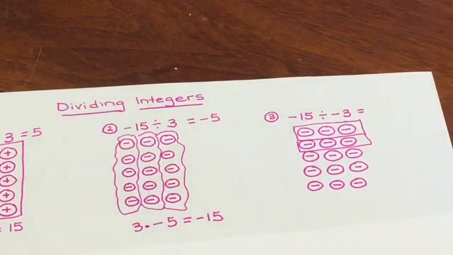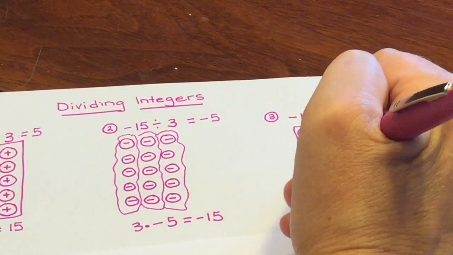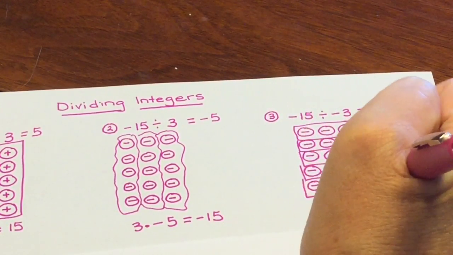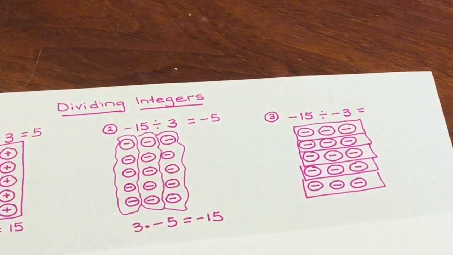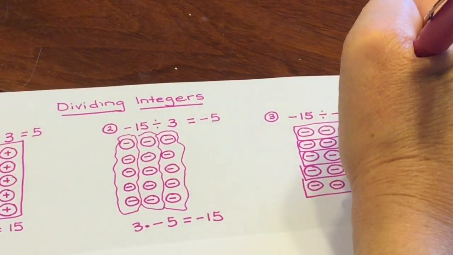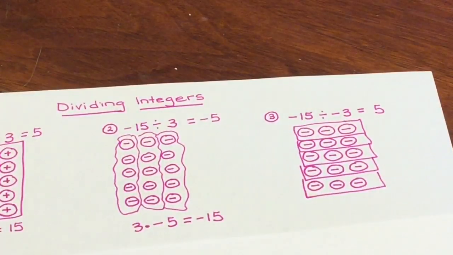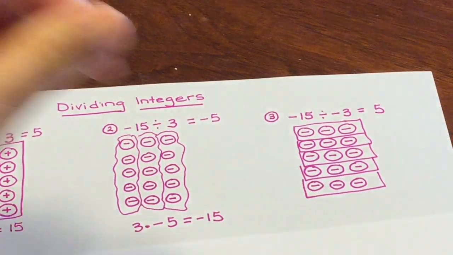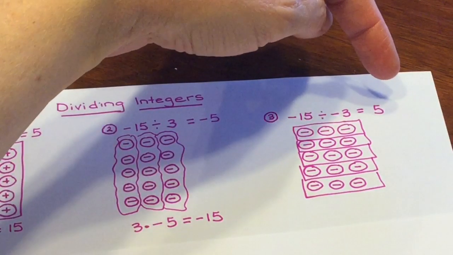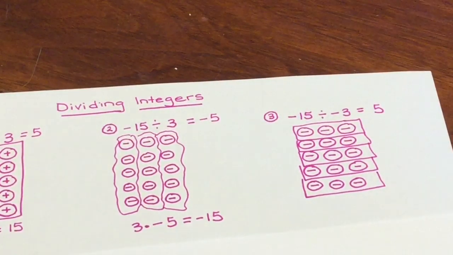Here is a group of 3 negatives. I'm going to keep doing that. And when we look at our groups of 3 negatives, you're going to notice that we have 5 groups, 5 positive groups. So a negative 15 divided by a negative 3 gives us a positive 5.